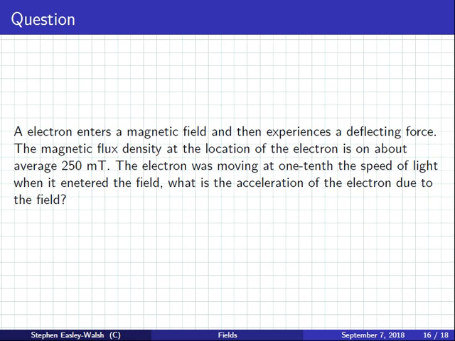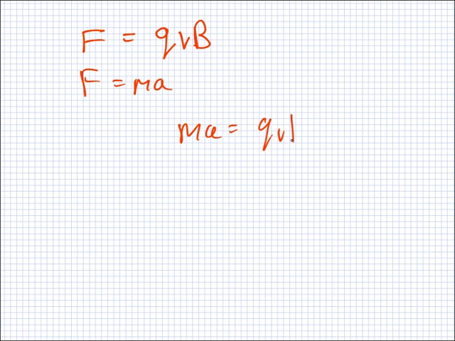Let me see. It's minus 19. Look, just divide by M. F equals QVB, but F equals MA, so MA equals QVB.